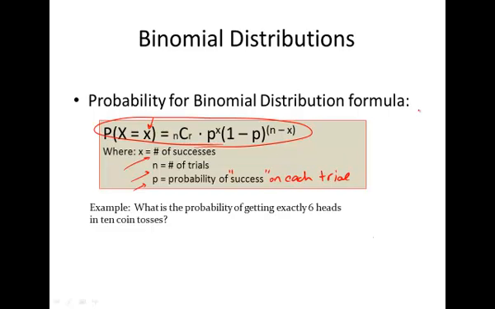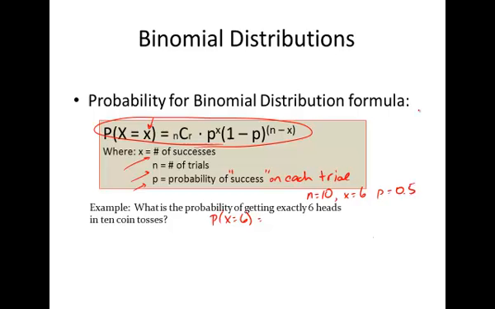Okay. So what is the probability of getting exactly 6 heads in 10 coin tosses? So in this case, what's n? 10 coin tosses. What's little x? 6 heads. Okay, so the probability of success, of course, is 50%.